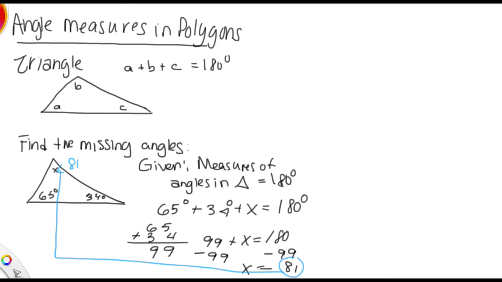We can check by adding 65 plus 34 plus 81, and it should be 180. 5 and 4 is 9, plus 1 is 10. 6, 7, 7 and 3 is 10, 10 plus 8 is 18, 180. Okay, let's do another problem.